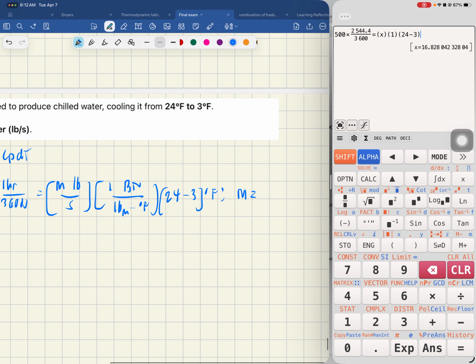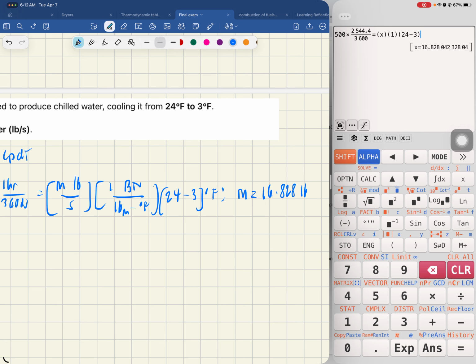M should be around 16.828 pound mass per second. Okay.